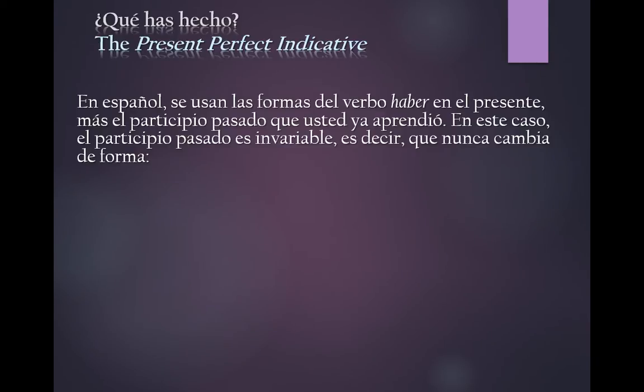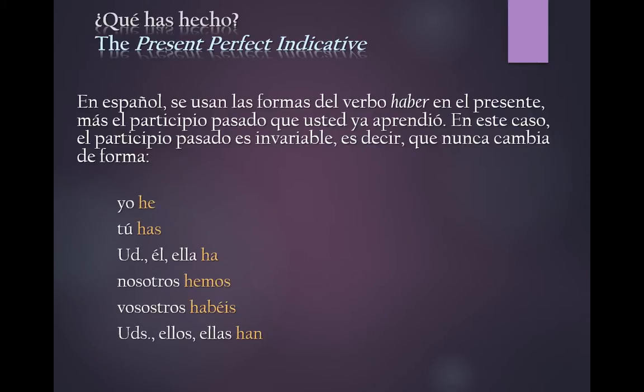For example, if I say, she is enrolled in the class, I would say, ella está matriculada en la clase, because there it's being used as an adjective. But when I use past participles with the verb haber, have, you never change the past participle's gender. And I'll give you some examples later on.